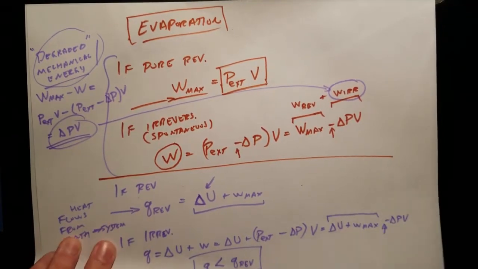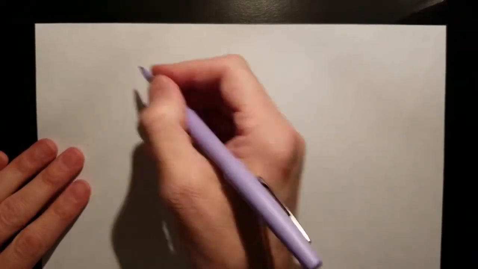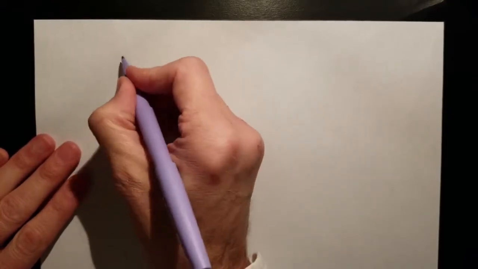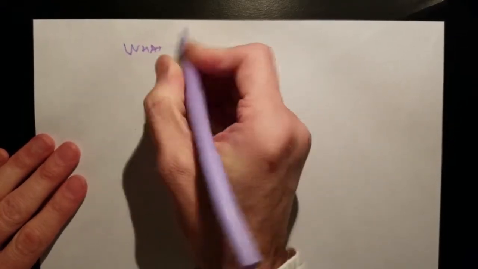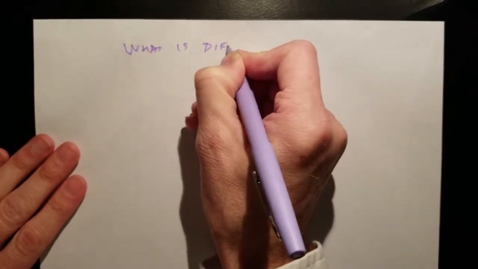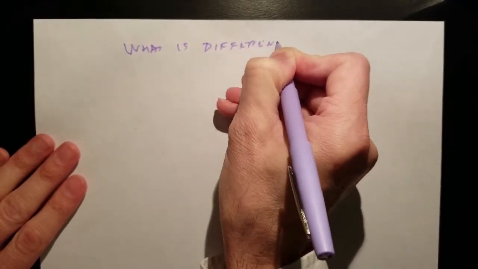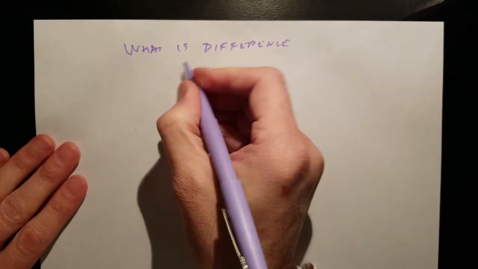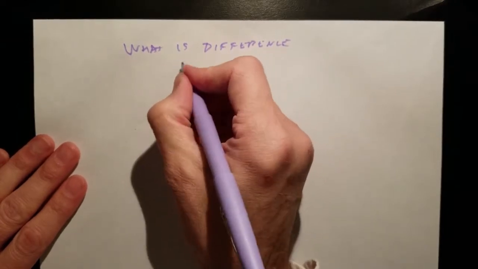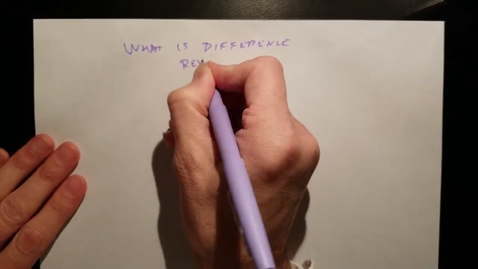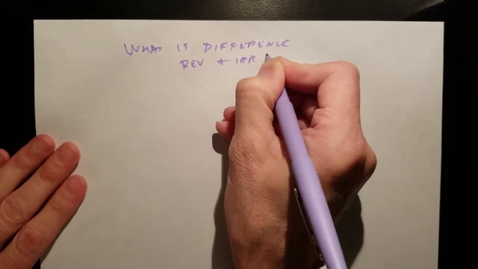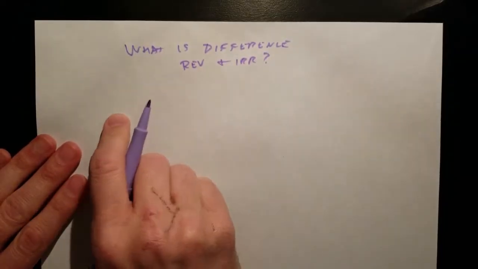So if we want to talk about the difference between a reversible and irreversible process, we can talk about the difference in the heat.